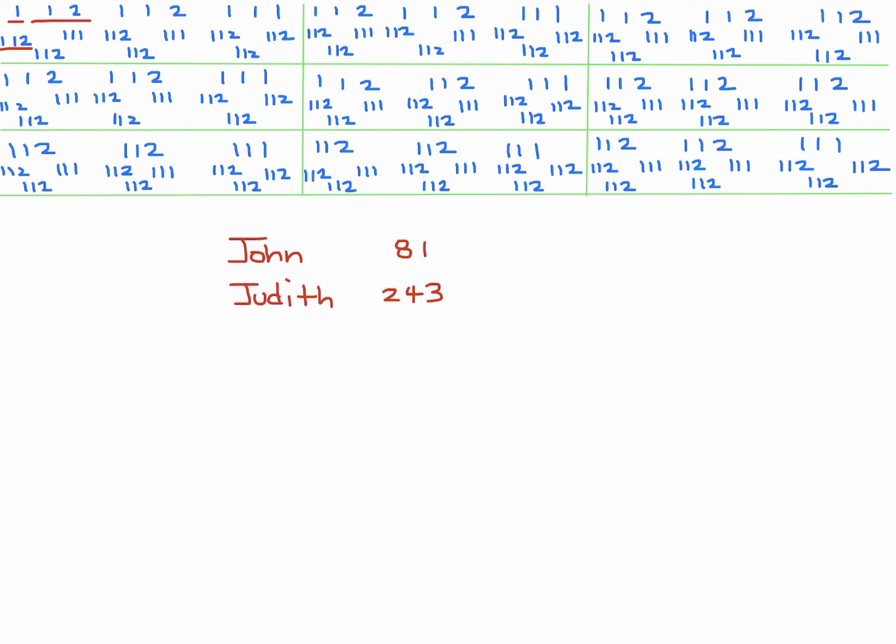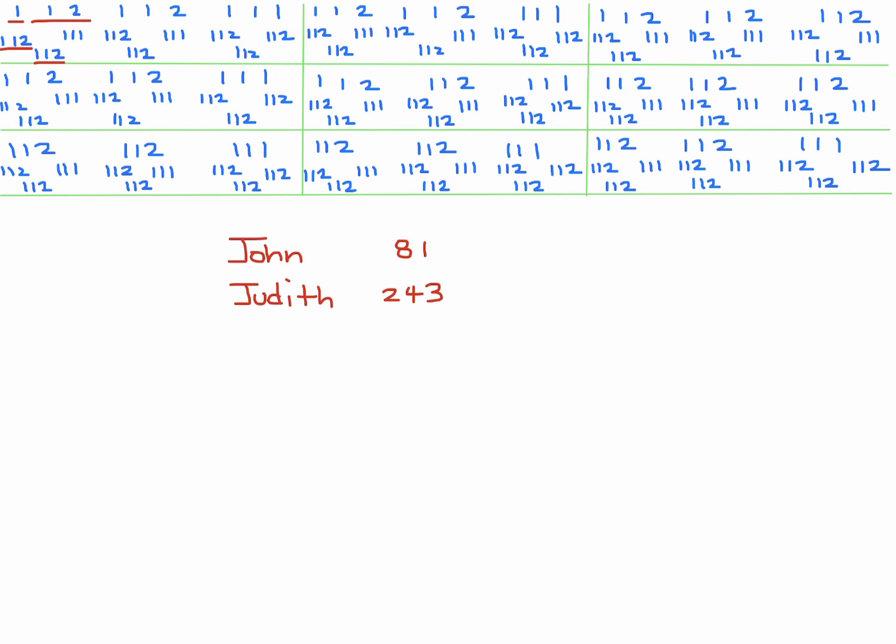So John has a 1 for the second digit, so Judith again writes 1, 1, 2. But his third digit is 2, so when she sees a 2, she writes 1, 1, 1. And this pattern just keeps on going, right? This system, this rule. And that's what I did. These top numbers are all John, and the numbers below them are all Judith.